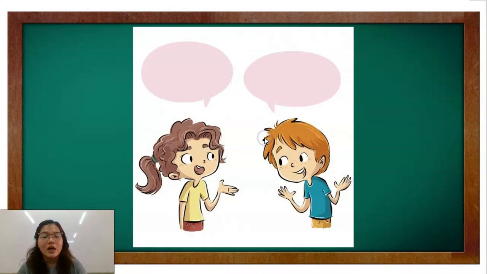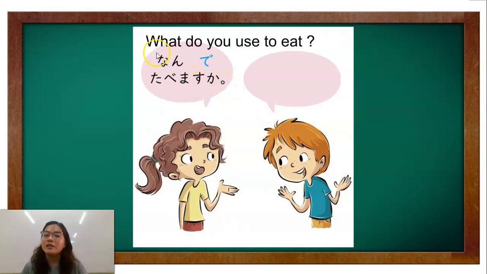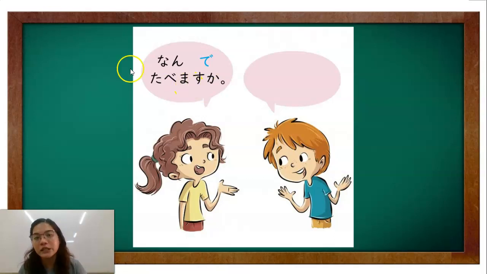Okay? Another example here is a conversation of two people. Let's read it. Nande tabemasu ka? Okay, so ito yung tanong. Ano yung ginagamit mo pag kumakain ka? Nande tabemasu ka?